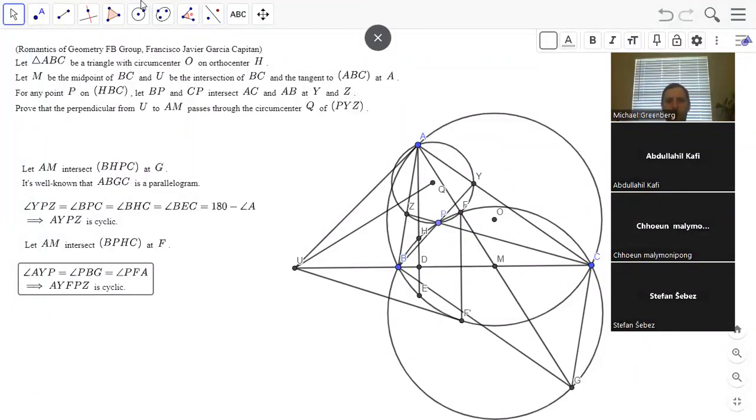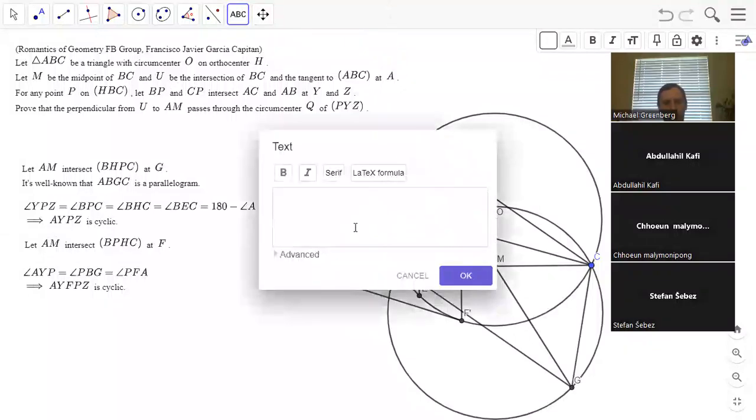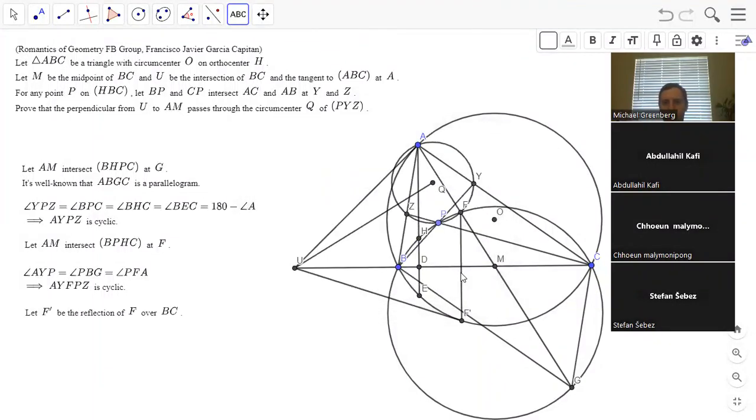So let F prime be the reflection of F over BC. It's just a well-known fact that this is harmonic, A, B, F prime, C. So basically, how do you know UF prime is tangent to the circle?